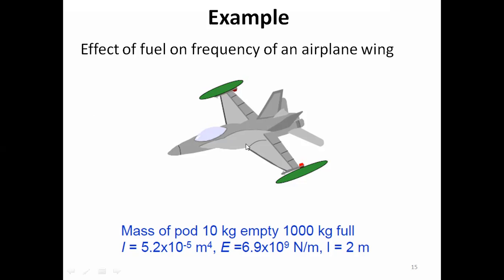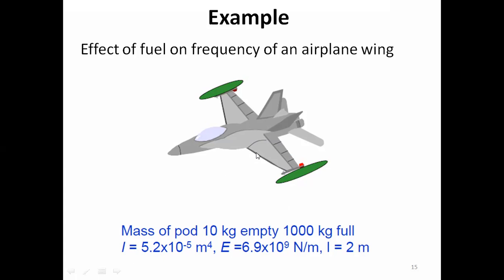So let's say that we have a fighter aircraft. The mass of the pod is 10 kilogram when it is empty. Let's say this is the pod, and when it is empty, there is no fuel in that pod. Its mass is 10 kilogram, and when it is full of fuel, its mass is 1000 kilogram. I is the second moment of area of the wing, which is 5.2 into 10 raised to the power minus 4 meter 4.